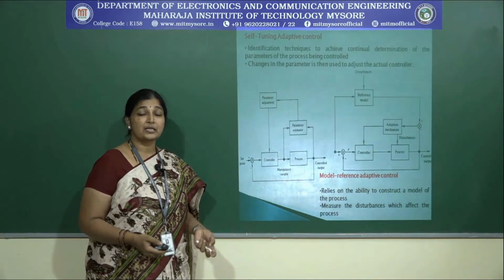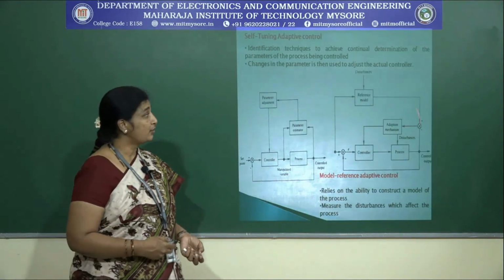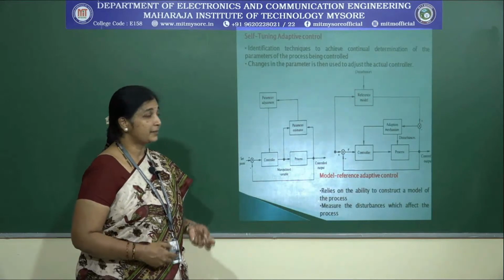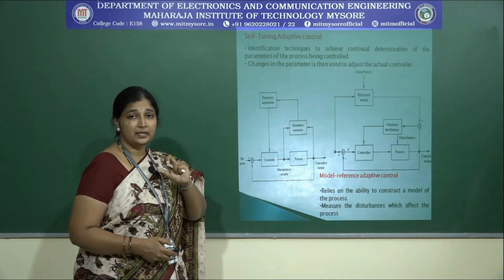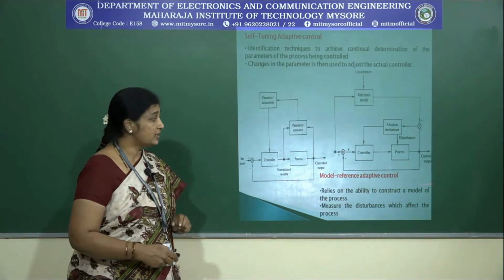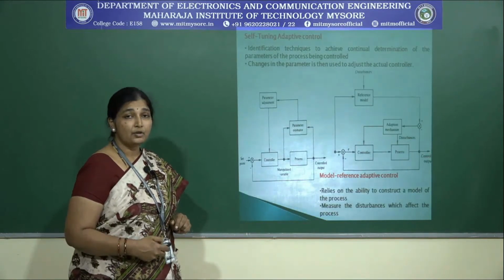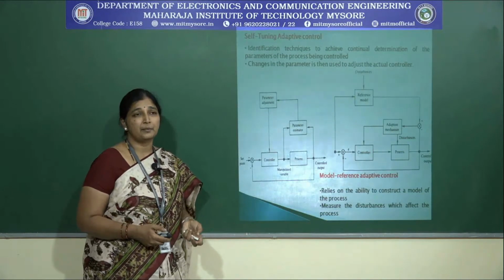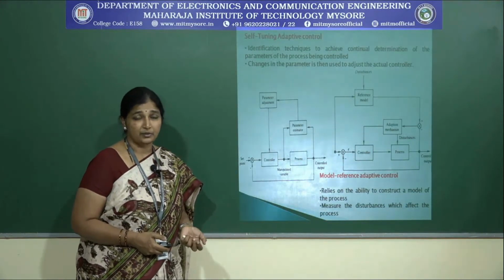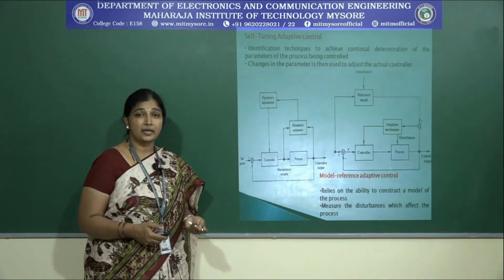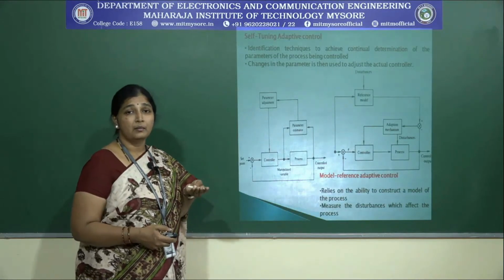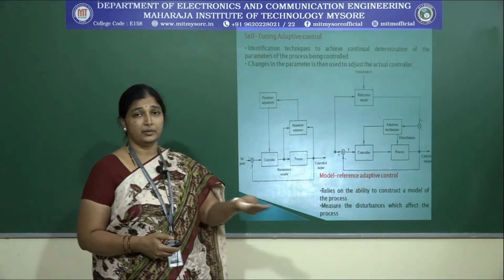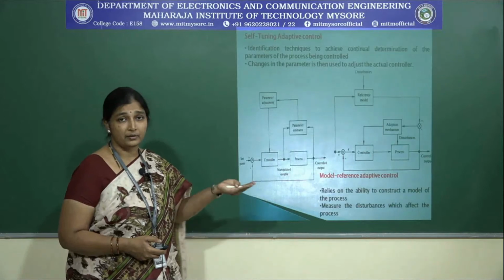So there is a reference set, a reference to which the system has to be adapted. For example, take air traffic control. What happens during take off, or when the plane is traveling along a distance?